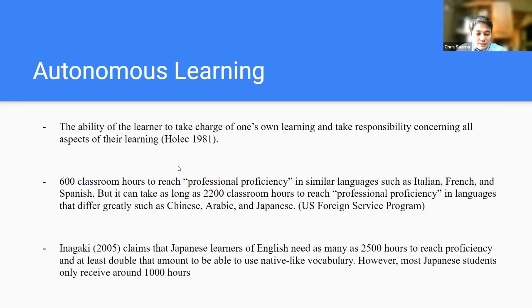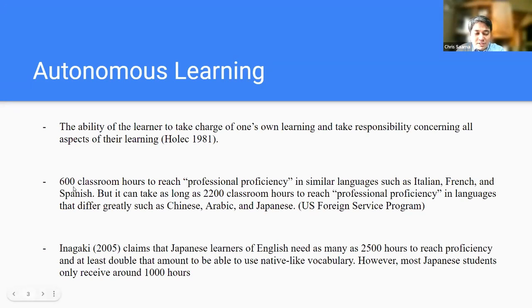One thing that's kind of popular in some pop culture articles these days is language learning proficiency according to the US Foreign Service Program, the program that trains diplomats and prepares people for learning languages that they may need for government jobs.